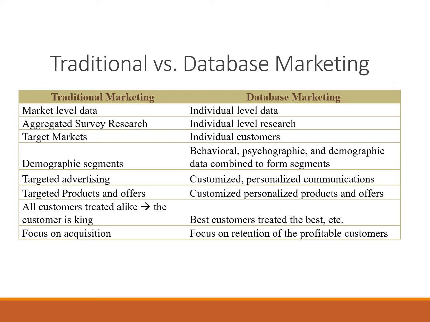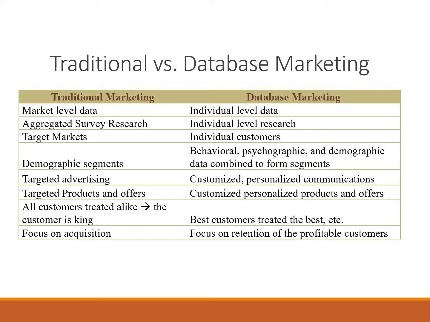Traditional marketers use targeted advertising. For instance, if I'm selling golf clubs, I advertise in Golf Magazine. Database marketers have customized, personalized communications with their best customers. Traditional marketers have targeted products and offers.